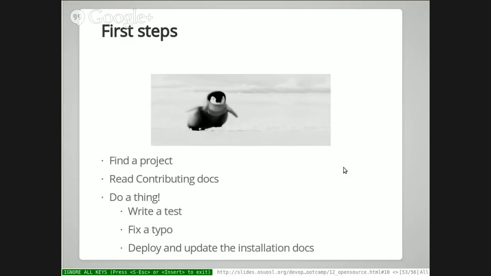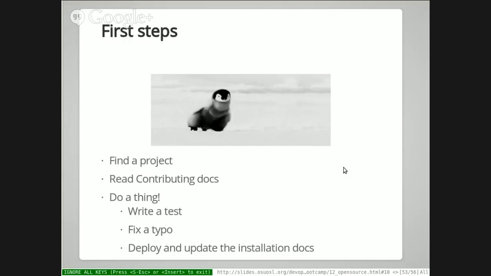One type of contribution which is extremely valued, direly needed, but not a lot of people do, is writing tests. Later on, we're going to teach you how to write good tests.